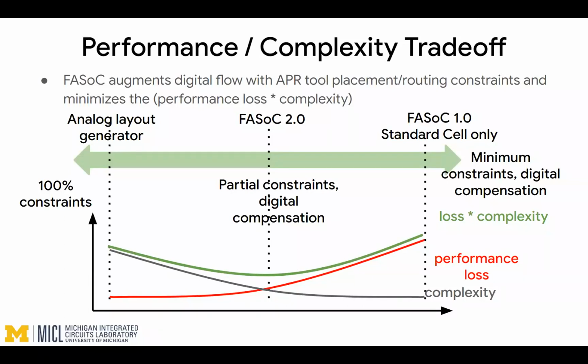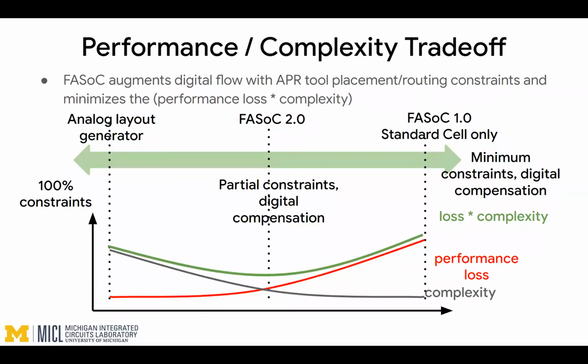If we take a full custom layout, which is all the way to the left with 100% complexity, and compare it with the initial version, FASOC 1.0, which started 4 years ago and uses minimum constraints without any custom placement in APR tools, then obviously the complexity goes way down.